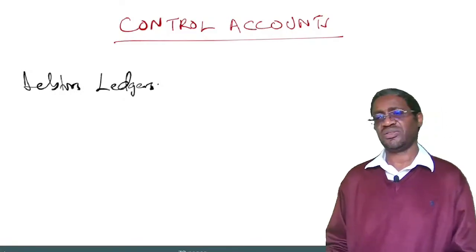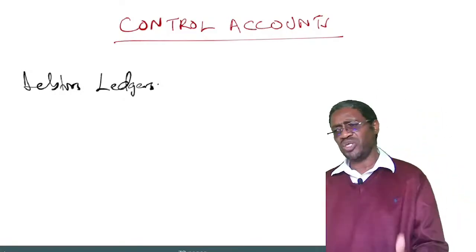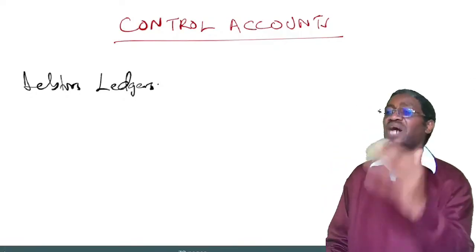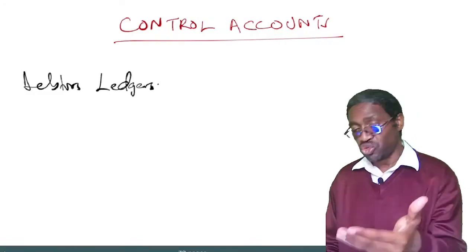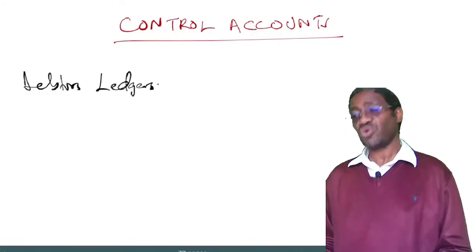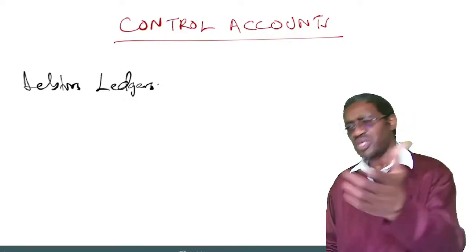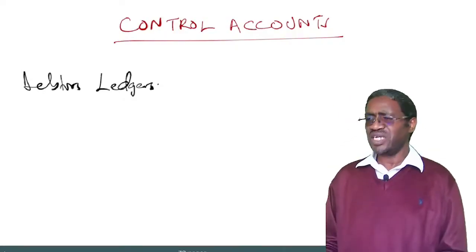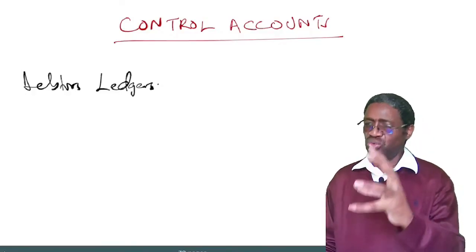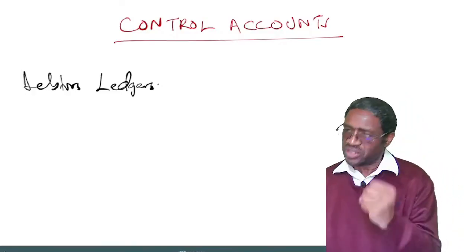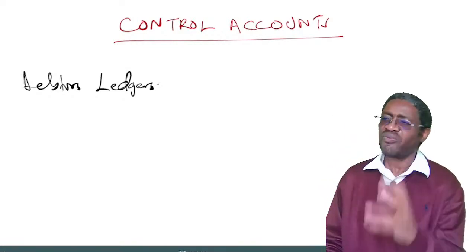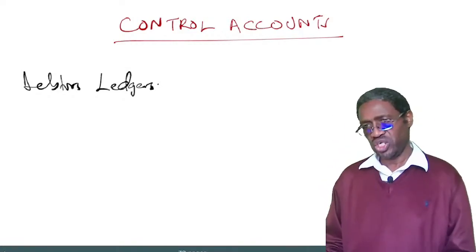Maybe on page 1 of the debtors ledger, you will find the account of Kamau as a debtor. On page 2, the account of Njoroge as a debtor. Page 3, Koril as a debtor. Page 4, Wekesa as a debtor, and so on. So a ledger is a book that contains accounts of a similar nature.